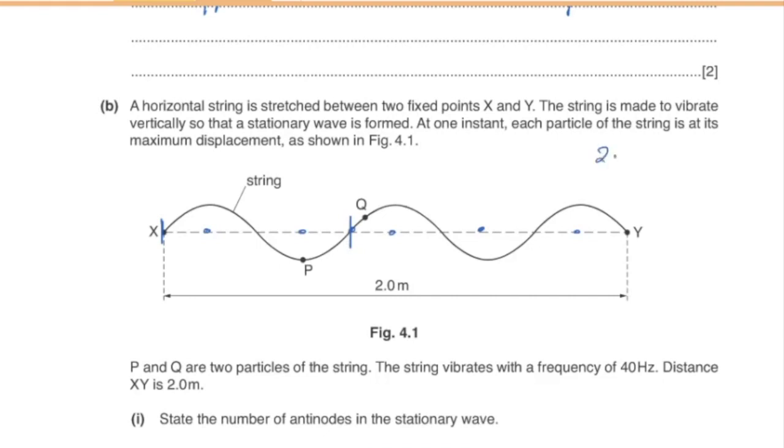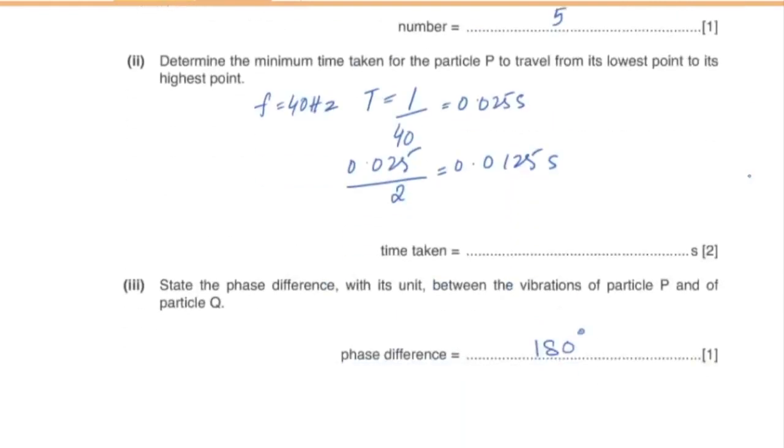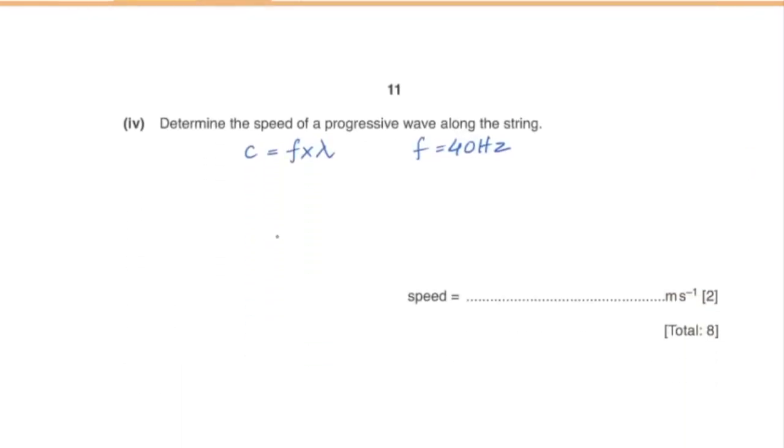So 2.5 wavelengths measure 2 meters, hence the wavelength is 0.8 meters. So speed is equal to 40 into 0.8, and that equals 32 meters per second.